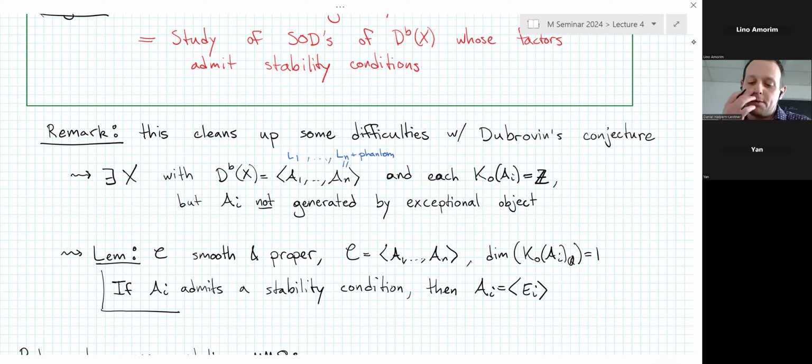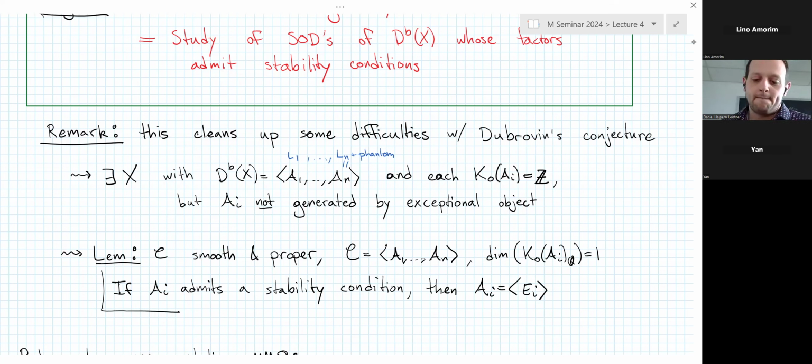So phantoms can't have stability conditions, but also it's actually impossible to have a smooth and proper category whose K-theory is rank 1 and that has a stability condition unless it's generated by an exceptional object. That's a sort of little lemma.